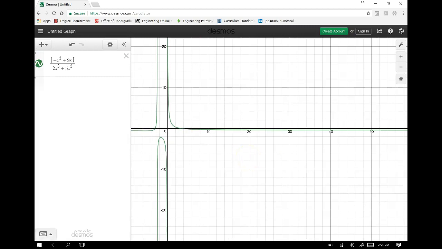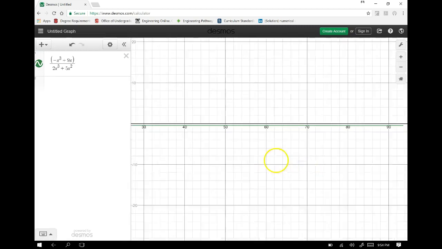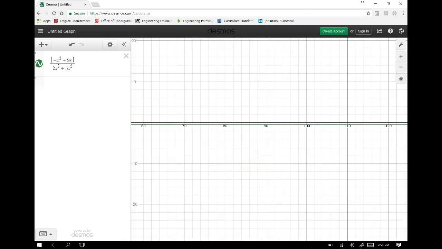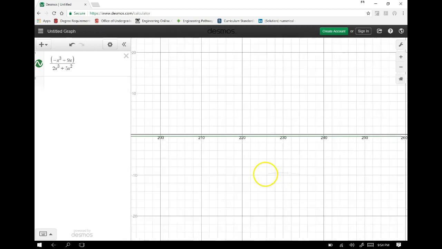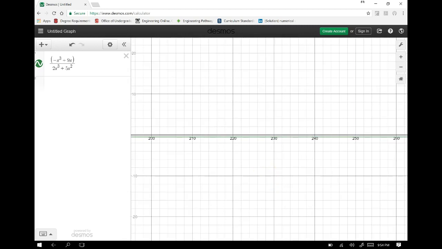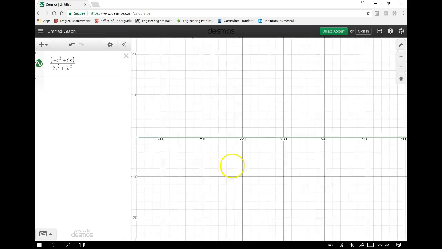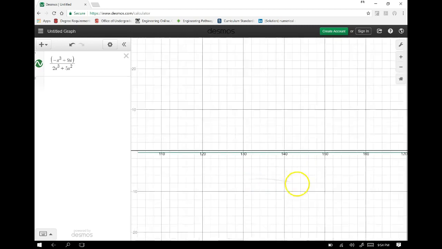So if you look far off on the right-hand side, this one is not getting close to the x-axis the way that we saw the other ones. There's definitely a gap between them.